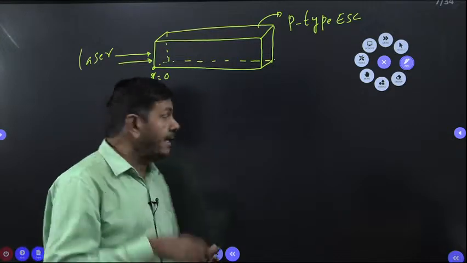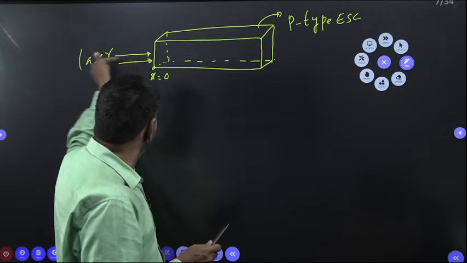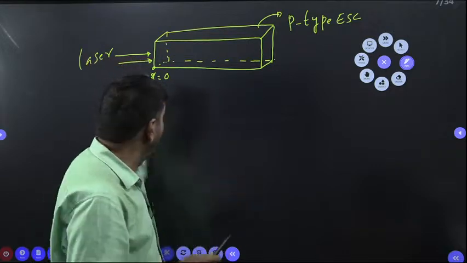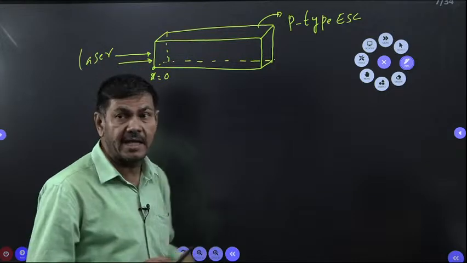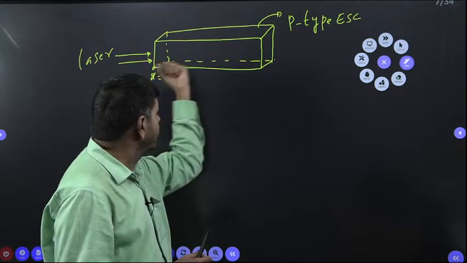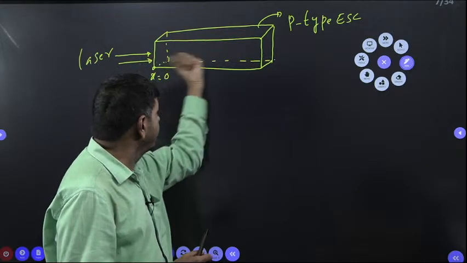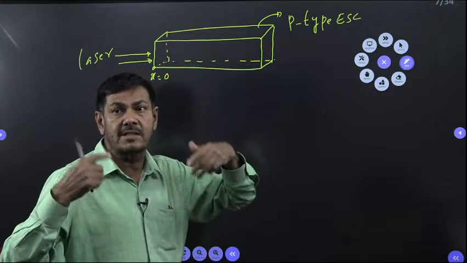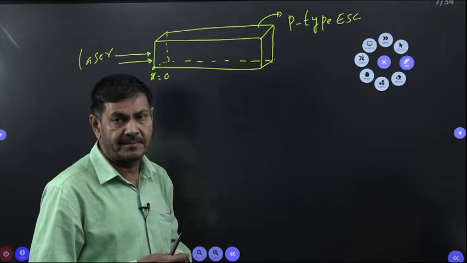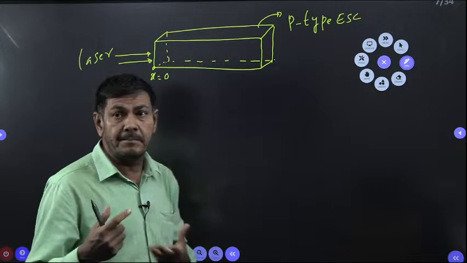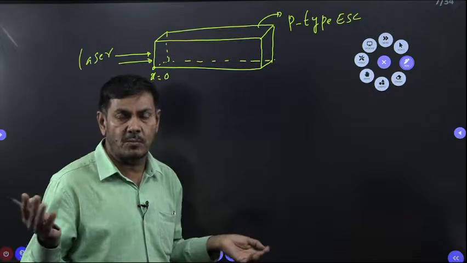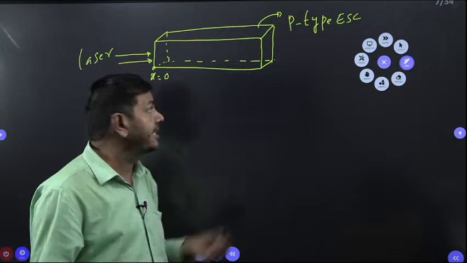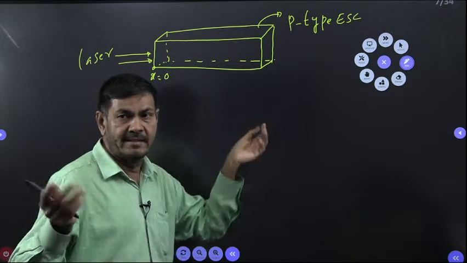When the laser is applied to one end, what is going to happen? That laser light energy will be taken by the body, and it is going to develop a number of electrons and holes inside the material. But the number of holes generated in the p-type I am not going to consider. Why, sir?